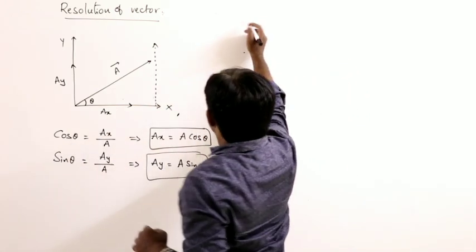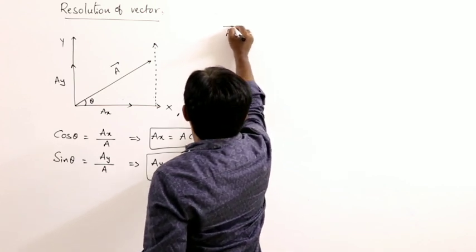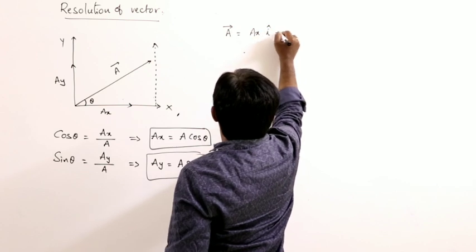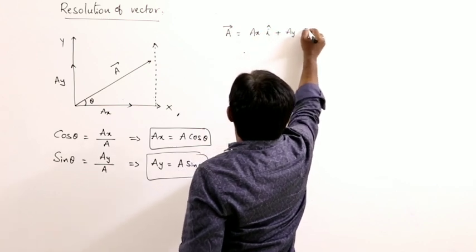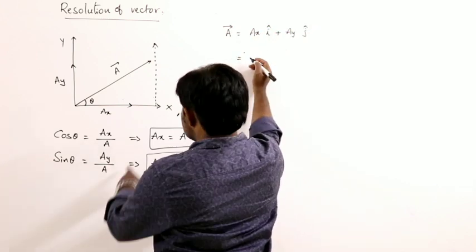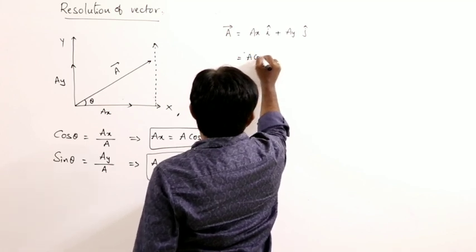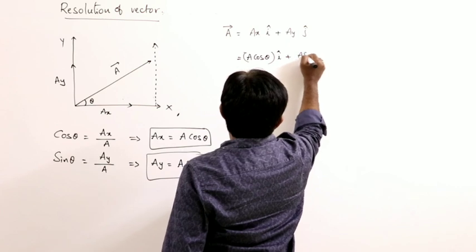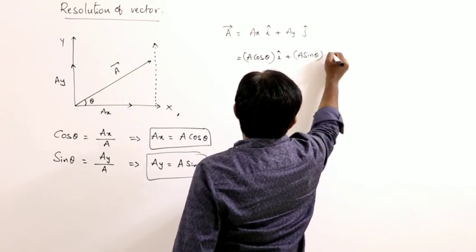Now a bar can be written in general vector form as ax i plus ay j, that is a bar equals a cos theta i plus a sin theta j.